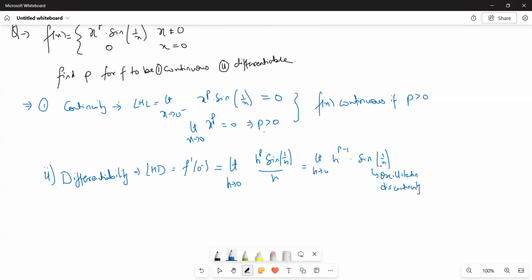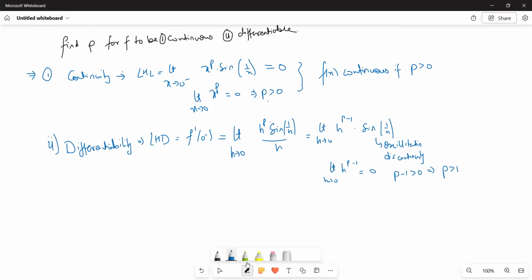Which means this value will only exist if limit h tending to 0 of h power p minus 1 is 0. But this will happen when p minus 1 is greater than 0, so that h stays in the numerator, which implies p is greater than 1. Okay. So for differentiability, p has to be greater than 1.